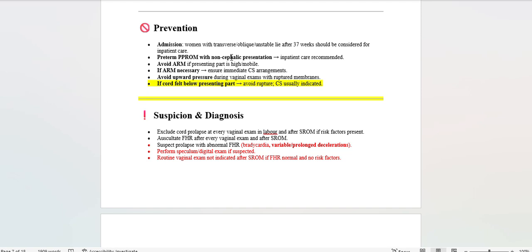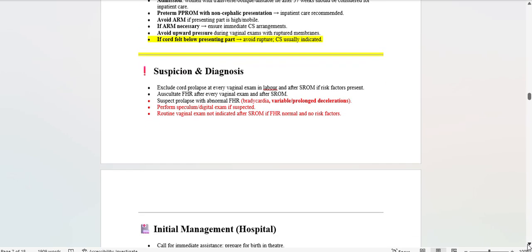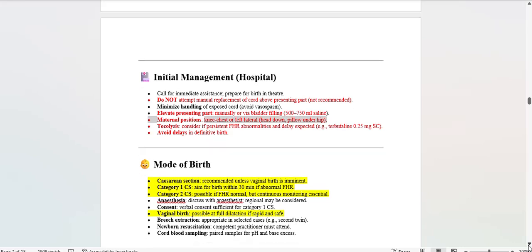So we will see bradycardia, variable prolonged deceleration. Perform speculum and digital exam if suspected. Routine vaginal exam is not indicated after spontaneous rupture of membrane if heart rate is normal and no risk factor. If there is no risk factor, then we will not do it. But in polyhydramnios or artificial rupture of membranes, we have to think about that.